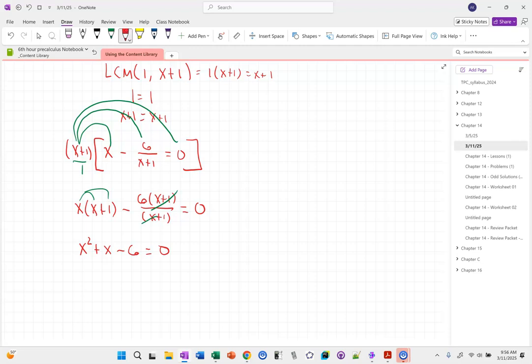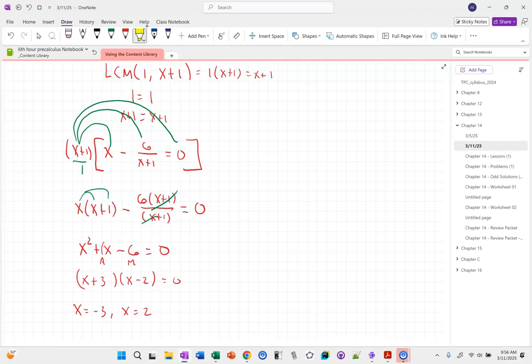I would factor it too. What multiplies to give us negative 6 and adds to give us positive 1? 3 and negative 2. Everybody good? So my two solutions are negative 3 and positive 2.